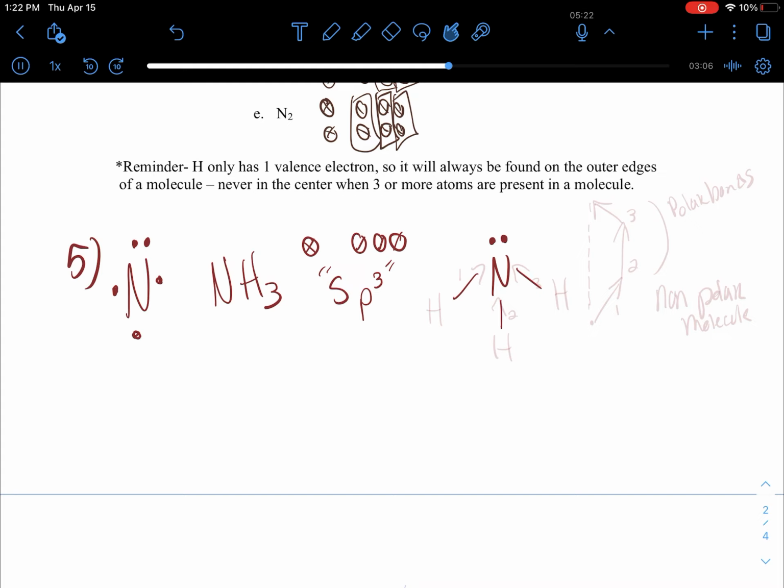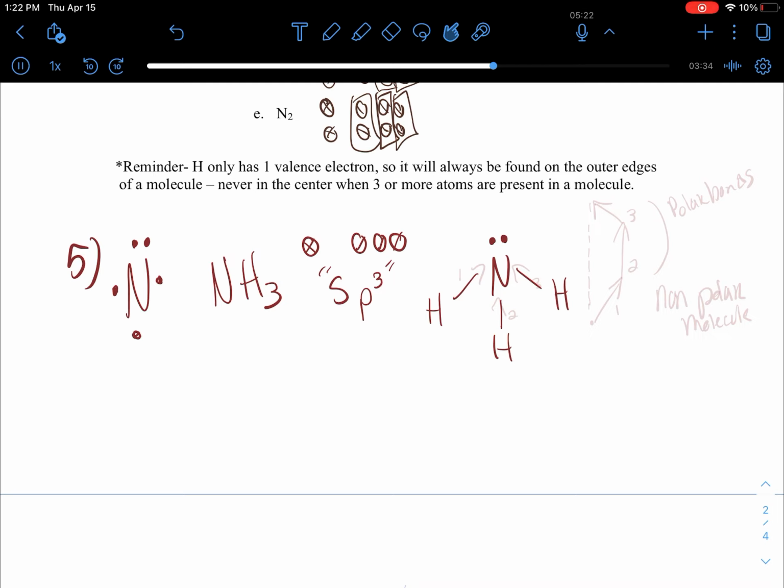So you draw lines like this. Then you're going to write the H's connected, right? Then this is where you have to draw the arrows. So you have to look at your electronegativity chart that I sent on the group chat, and you have to find the electronegativity of N. I didn't write it, but there'll be a number there, you'll see it, and then there'll be one for hydrogen, which I think is 2.1.